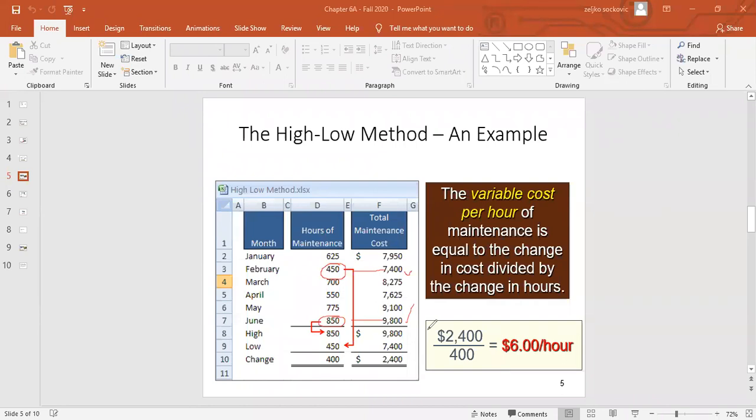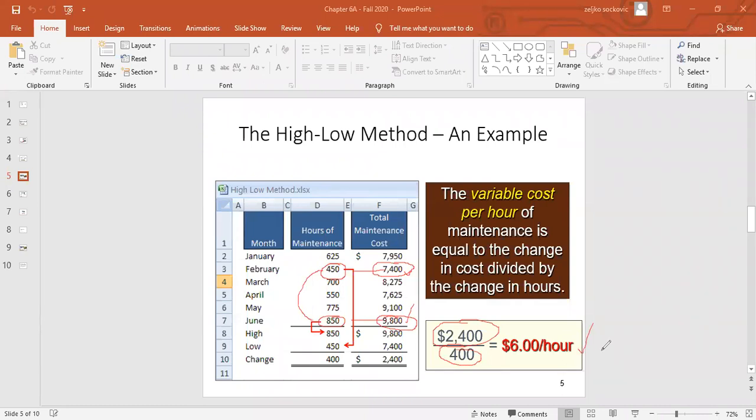This will be our rise over run. But because we are looking for dollar cost per something, of course we put dollars on top and activity on the bottom. So the difference between these 2 points, 9,800 and 7,400, is $2,400. And the difference in activity is 400 hours. That gives us $6 per hour.